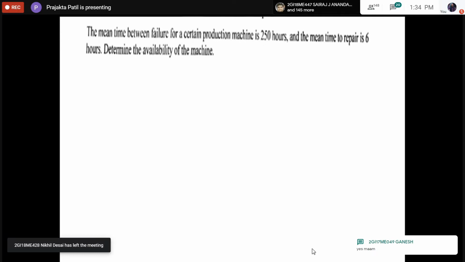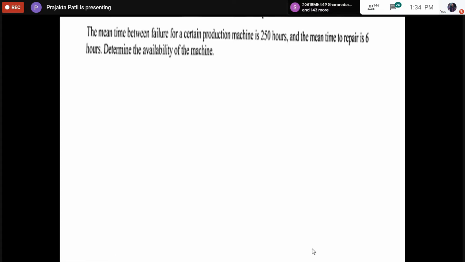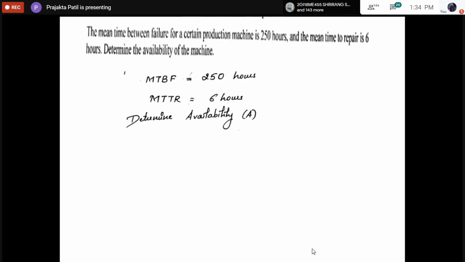The mean time between failure for a certain production machine is 250 hours and the mean time to repair is 6 hours. Determine the availability of the machine. Very simple problem. This is an unsolved problem from the textbook that I have taken in order to know how you can solve the problems on availability. So this, I suppose, is problem number 3.5 or 3.6, an unsolved problem, not solved. So you have mean time between failures given as 250 hours and mean time to repair is 6 hours.